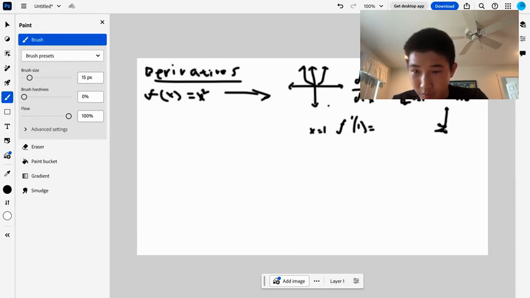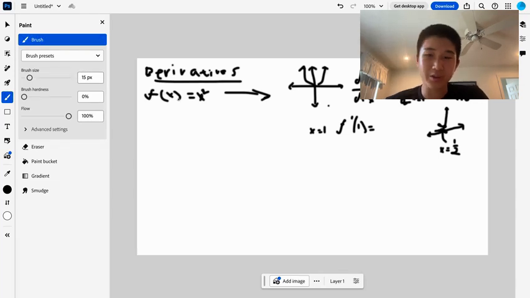Say this is x equals 1/2. Just draw the line that's tangent at x equals 1/2 with the point at x equals 1/2 on the curve. These are some pretty terrible drawings, but I hope you get the gist.